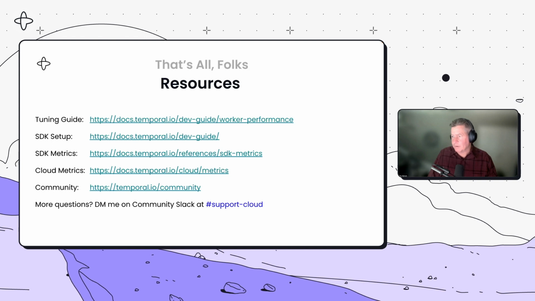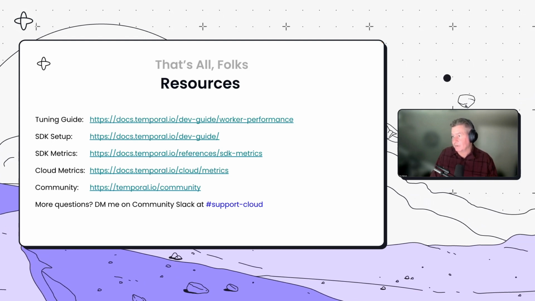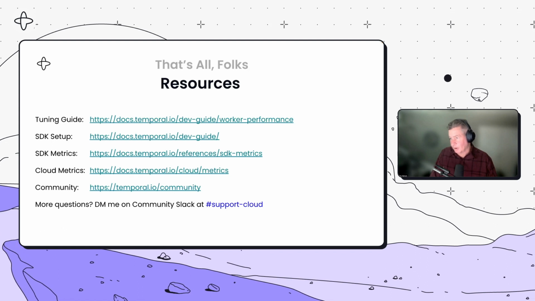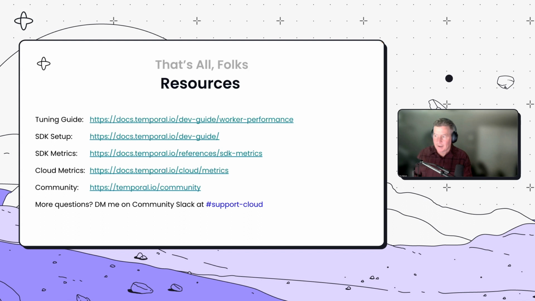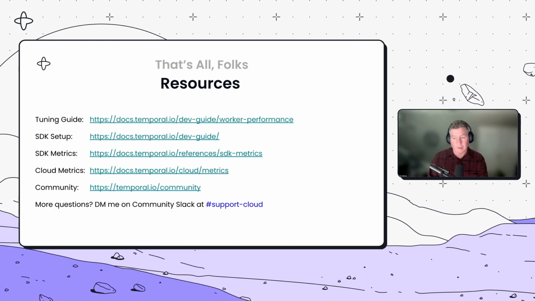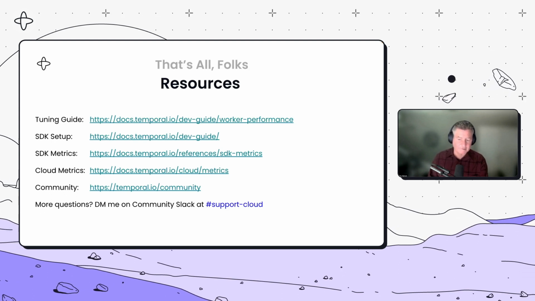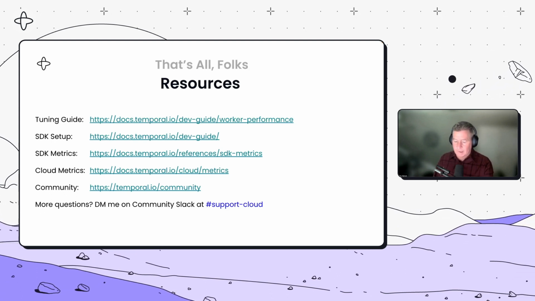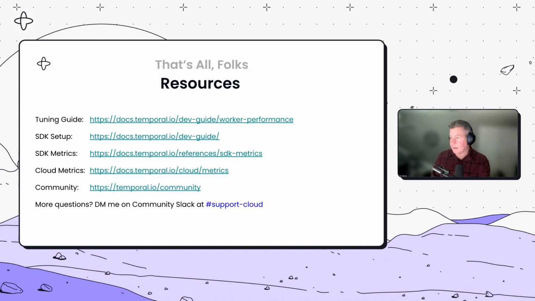What metrics do you best use to auto scale your worker fleet? Yeah, I knew this was going to come up. That can be a mix of your compute metrics, of course. The schedule to start latency is obviously something that you're going to keep an eye on. The sync match rate is something that you can be using.